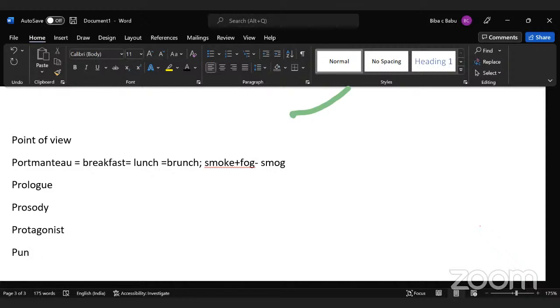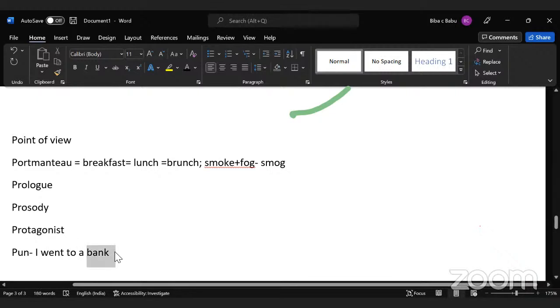Pun is a play on words. When you play with words, it is called pun. The word may have two or more meanings. I went to a bank. Here, bank is a pun word. Why is it a pun word?